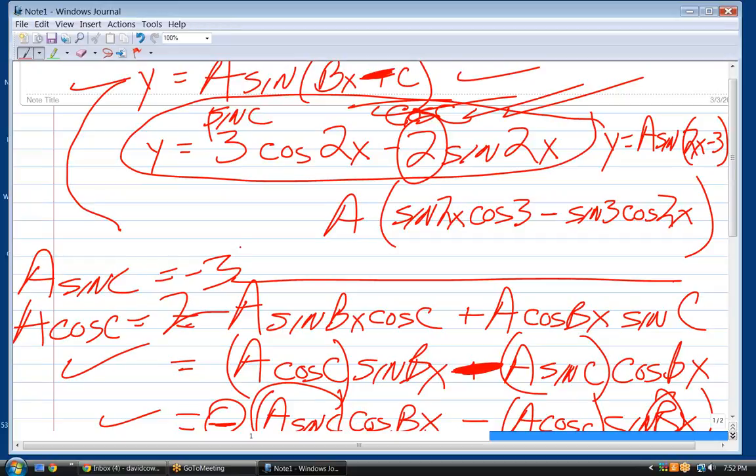If that's true, then A has to be minus 3 over sine C. That surely isn't going to be the answer.